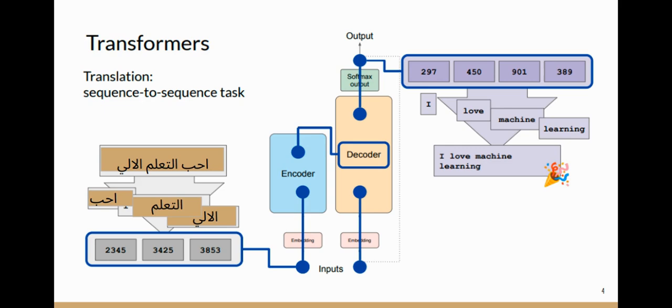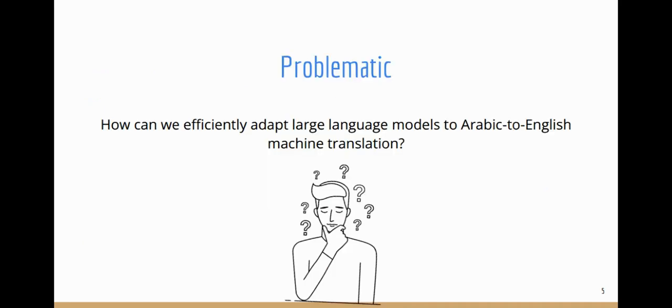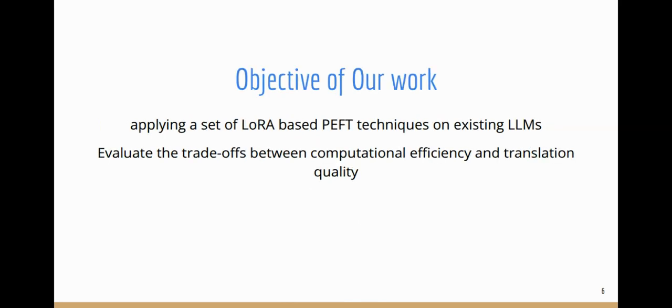So the problem is, how can we efficiently adapt these models to Arabic to English machine translation? Our goal is to apply a set of LoRa-based PEFT techniques on existing large language models and evaluate the trade-off between computational efficiency and translation quality.